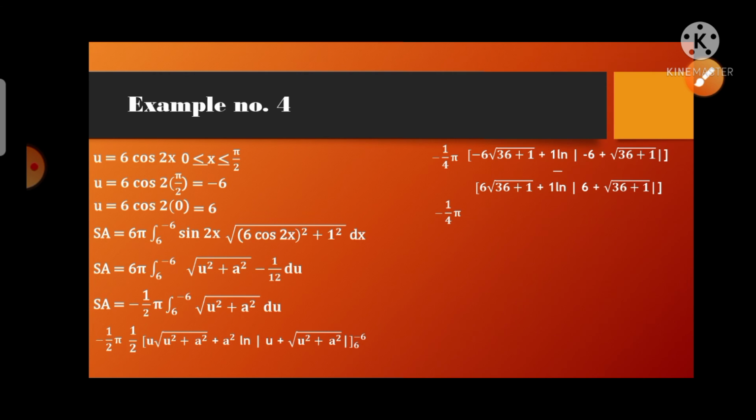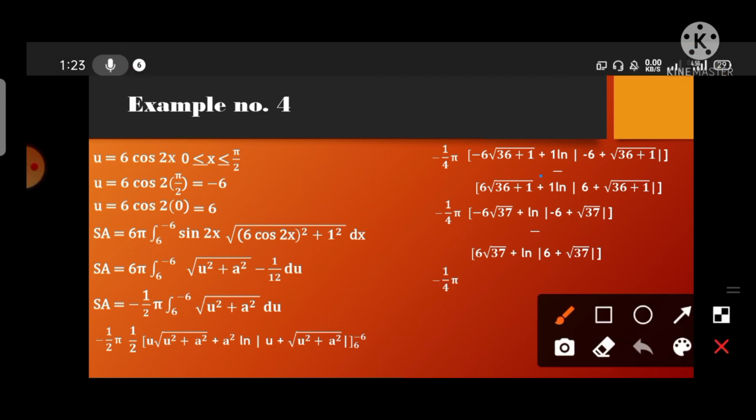So negative 1/4 pi is multiplied by negative 6 square root of 37, because 36 plus 1 is equal to 37, plus ln absolute value of 6 plus square root of 37, minus 6 square root of 37 plus ln absolute value of 6 plus square root of 37.